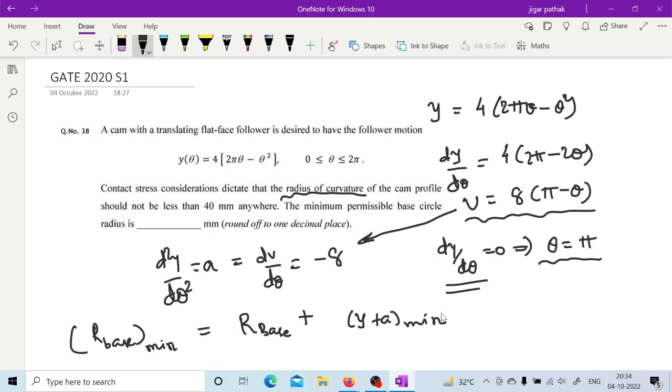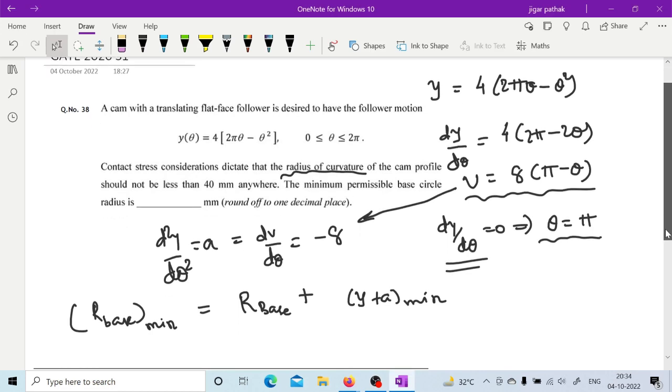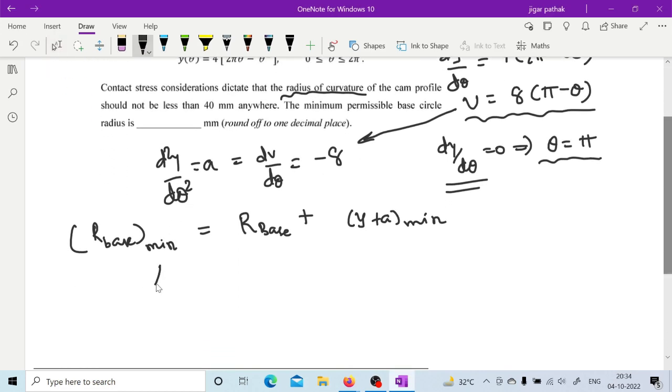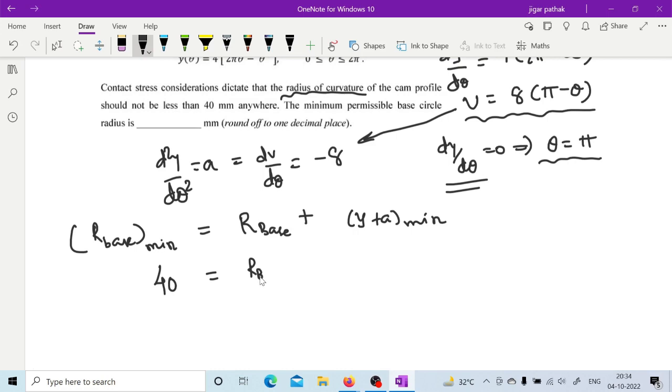Now if you have this equation with you, the minimum is given to you as 40, which is required. Student: Sir, that is R cam minimum, no? Left hand side. Yes, sorry.